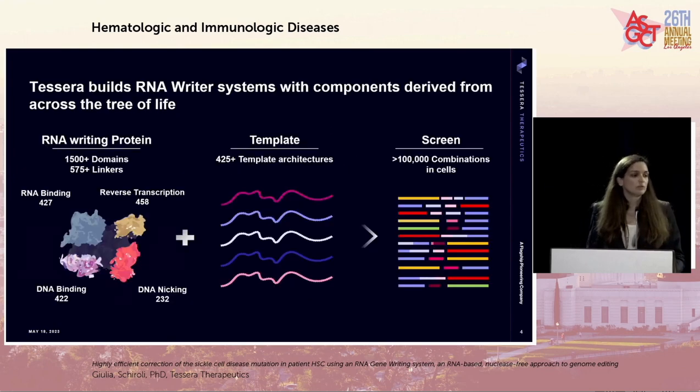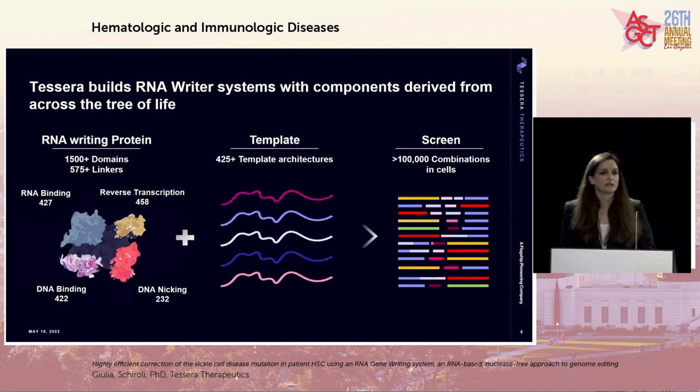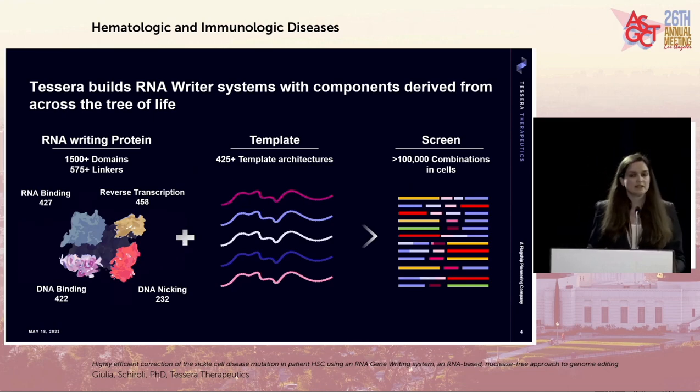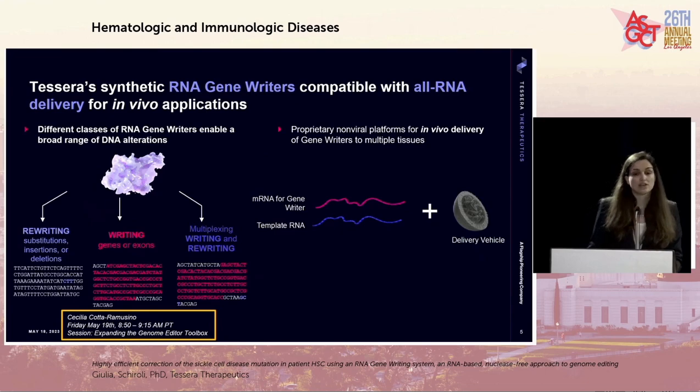The approach that we took at Tessera is to high-throughput screen more than 100,000 combinations of different protein domains and cognate RNA templates in human cells in order to generate different classes of RNA gene writers.